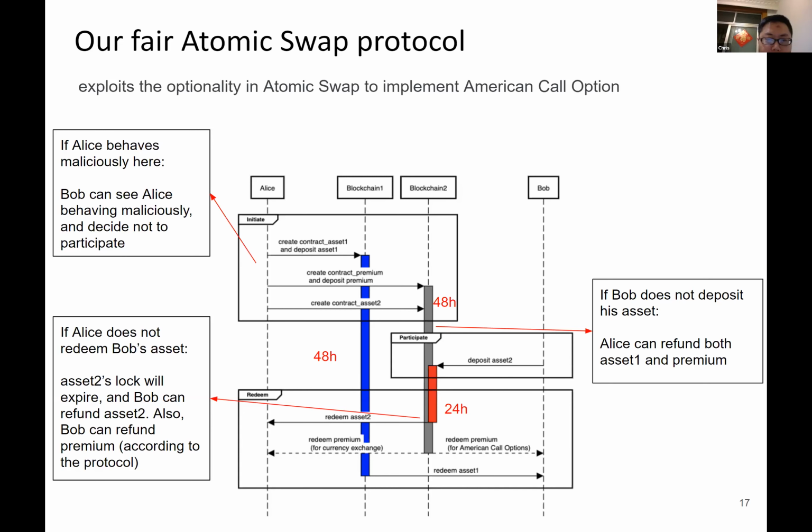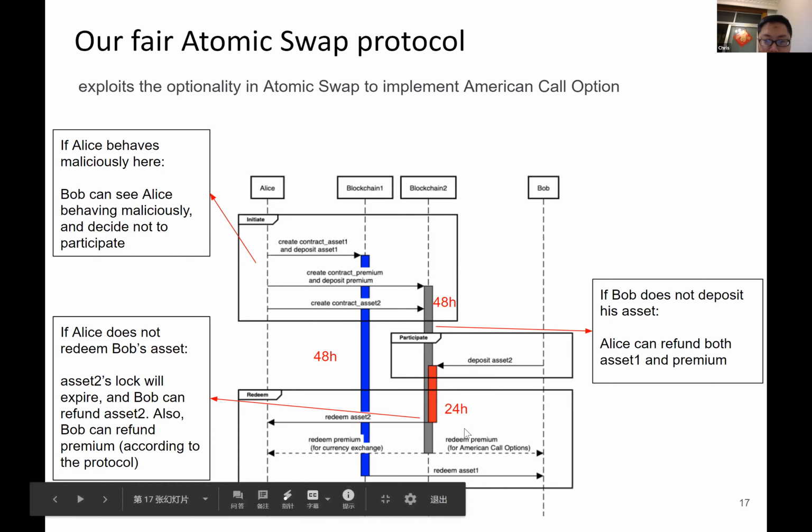Okay. So I think the most difficult part, or let's say challenge, is to decide the time lock, like when one of the parties can participate in the protocol and when they should redeem the premium.